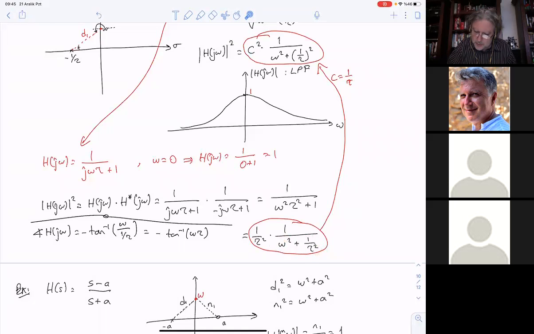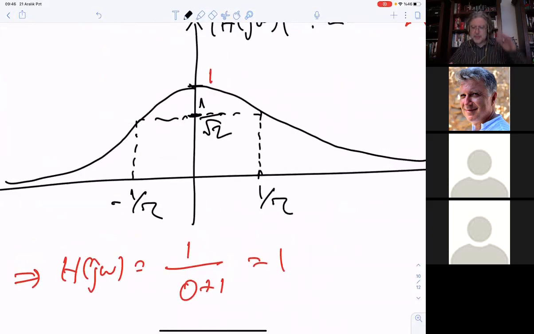So when omega is equal to 1 over tau, we come to a point which is 1 over square root of 2. Same here for minus 1 over tau. So we come from 1, it reduces to a value which is 1 over square root of 2 times 1.